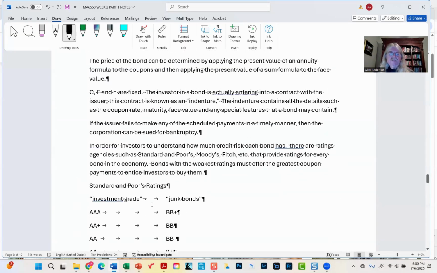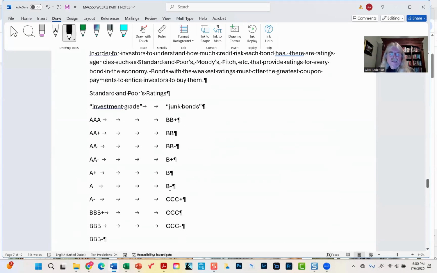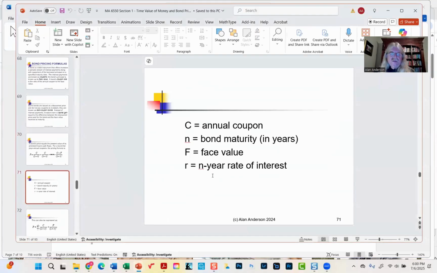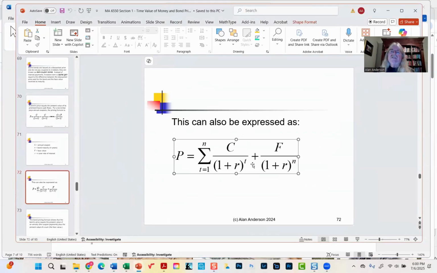So anyway, going back to the formulas, this is the simpler version. Well, in a way it is, but we just consolidated all the terms on the left into this one.